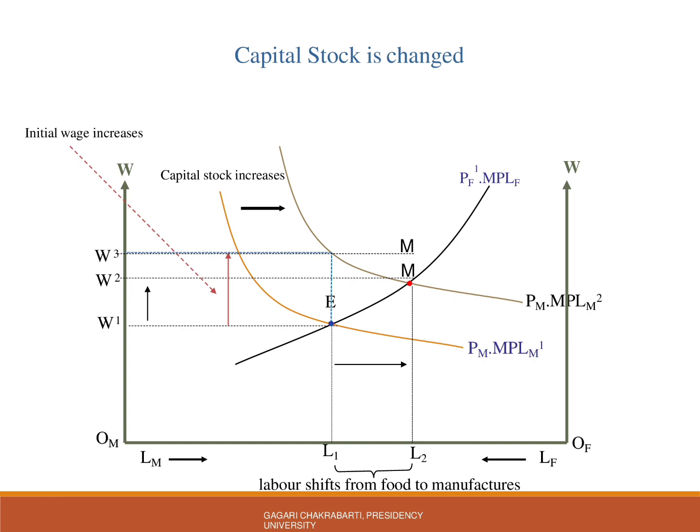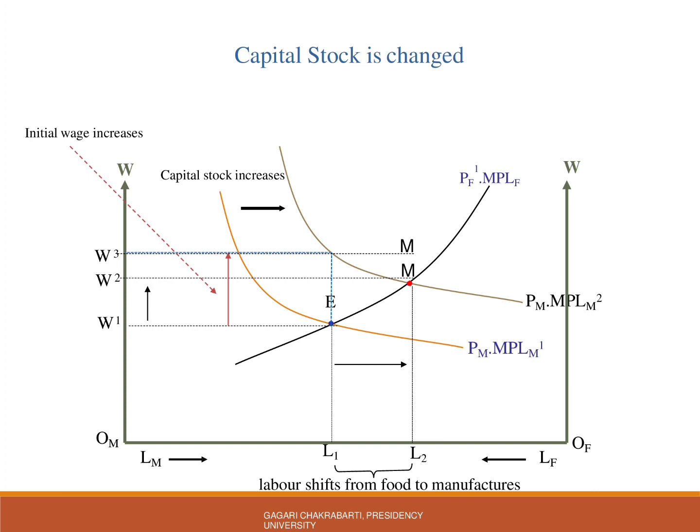So therefore workers will move out of the food sector and they will be coming into the manufacturing sector. So employment will increase in the manufacturing sector and it will fall in the food sector. So ultimately new equilibrium will be attained at point M and wage rate will rise only from W1 to W2.